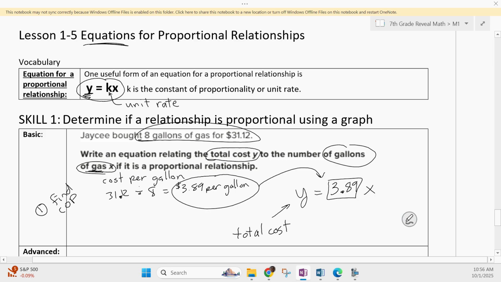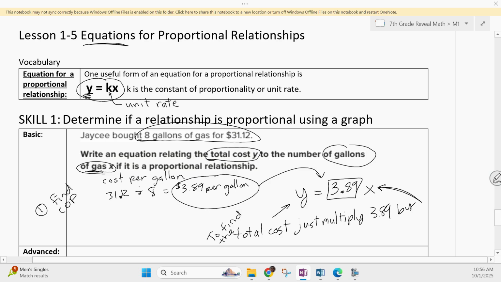So to find the total cost, just multiply 3.89 by, what are we going to multiply it by? What does the x represent?